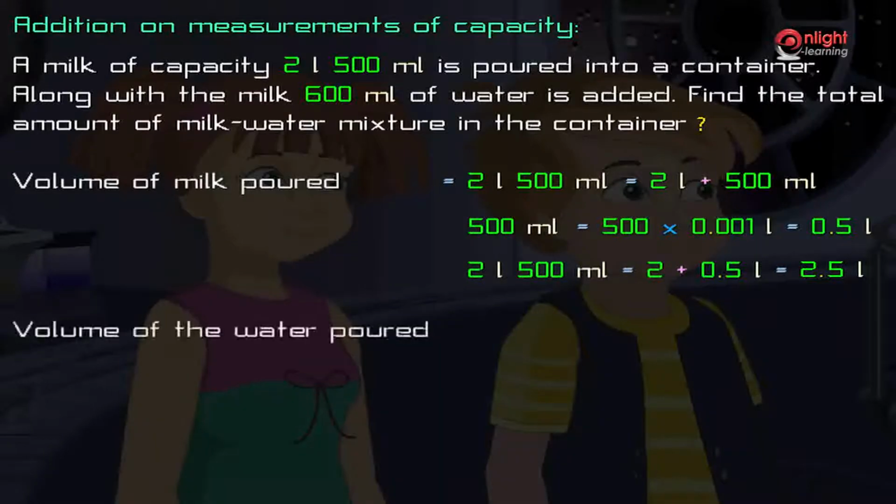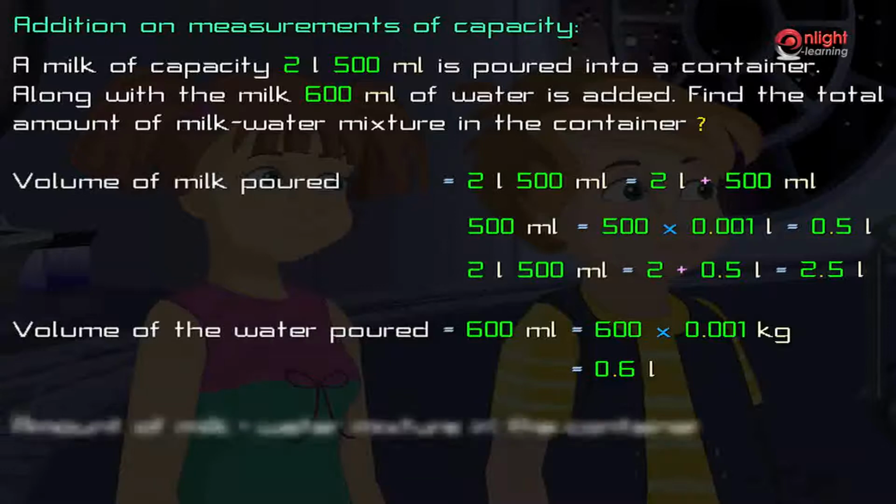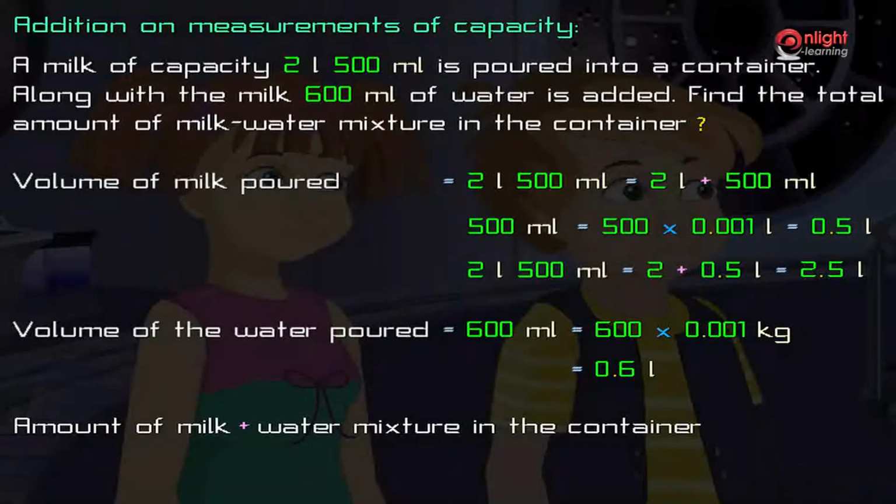Similarly, volume of water poured is equal to 600 milliliters, which is equal to 0.6 liters. As all the measurements are now expressed in common units, they can be added up. Hence, amount of milk plus water mixture in the container is 2.5 plus 0.6 liters, which is equal to 3.1 liters.